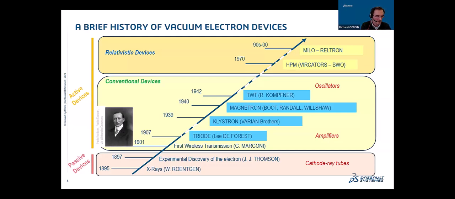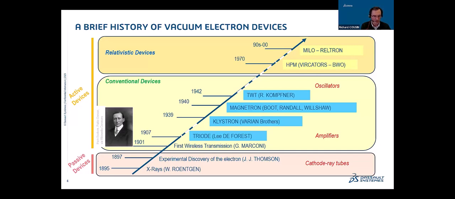So from the first experimental discovery of the electron by Joseph John Thomson, and also the discovery of X-rays at the end of the 19th century, we then saw the development of the cathode ray tubes, which are mainly related to X-ray tubes and, for instance, electron guns, which were also developed at that time.